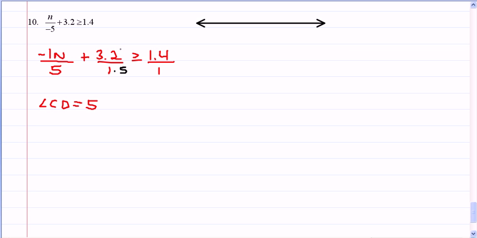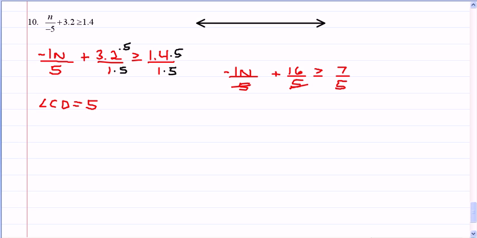So having the decimals here doesn't change the process. I still want to get a 5 in all of the denominators. So I have negative 1n over 5 plus 16 over 5 is greater than or equal to 7 over 5.